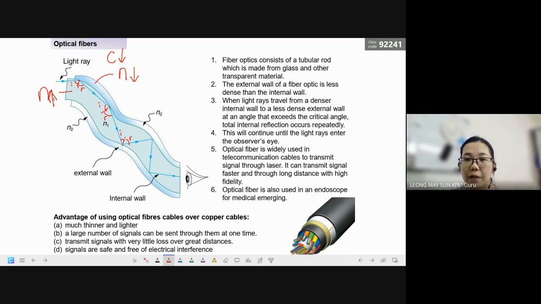So over here, fiber optics consists of a tubular rod, which is made out of glass and other transparent materials. The external wall is less dense than the internal wall, less dense in terms of optical density.